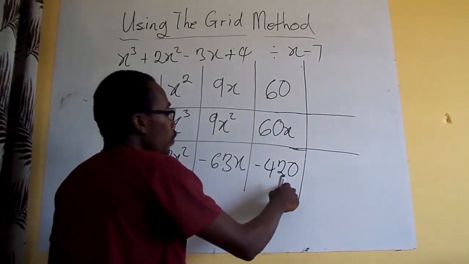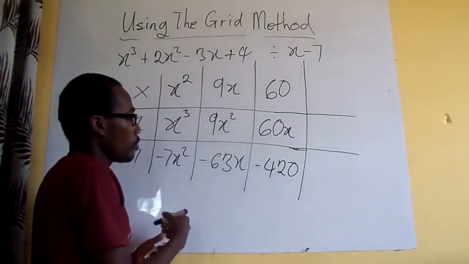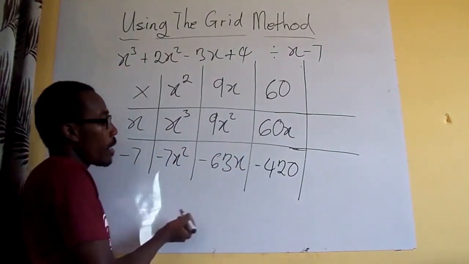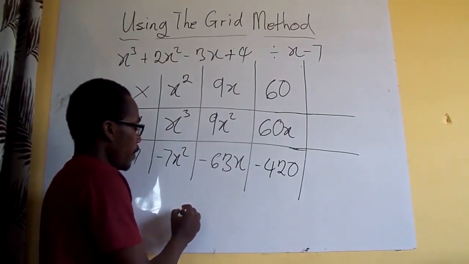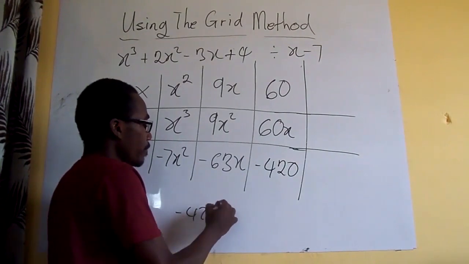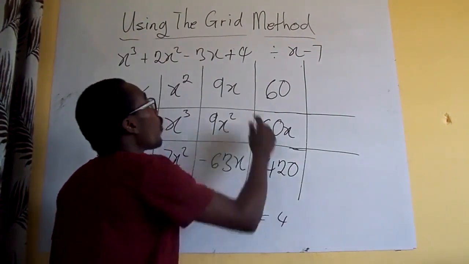You can do some rough work somewhere in your answer booklet. Say you have minus 420 plus x, which is equal to the 4 you are looking for.